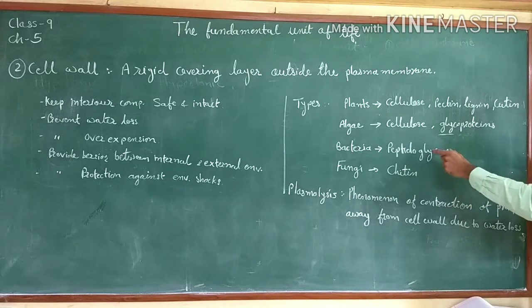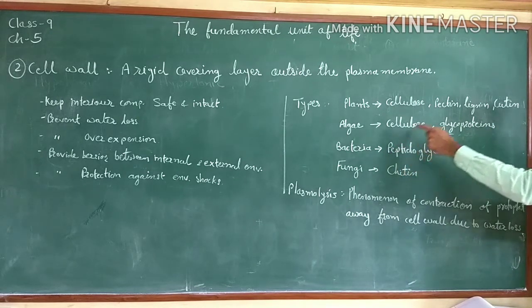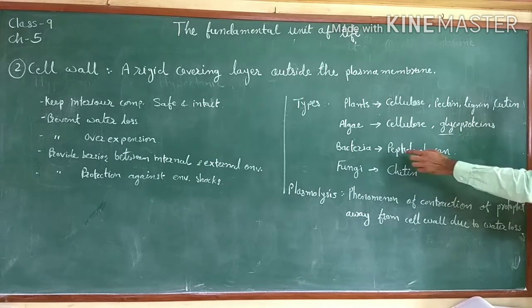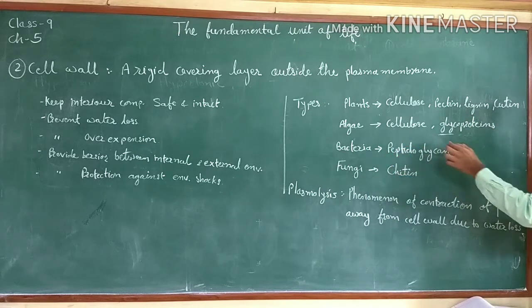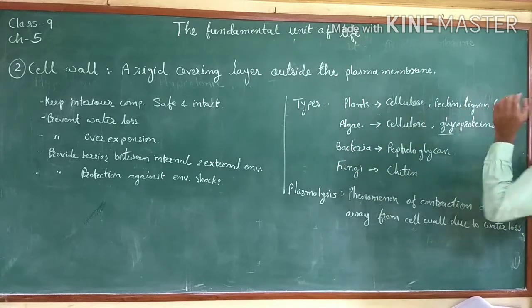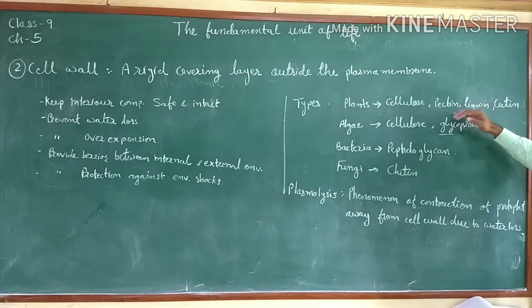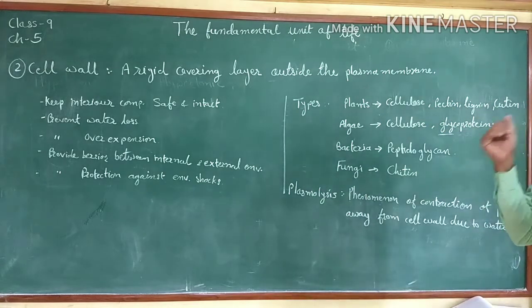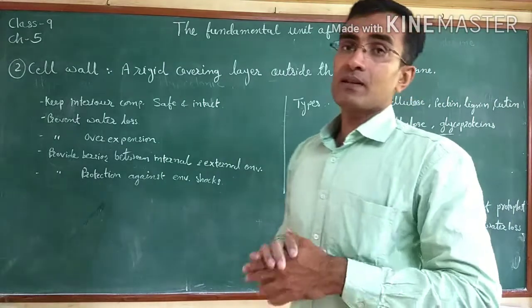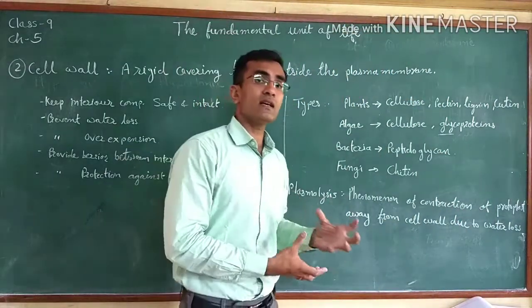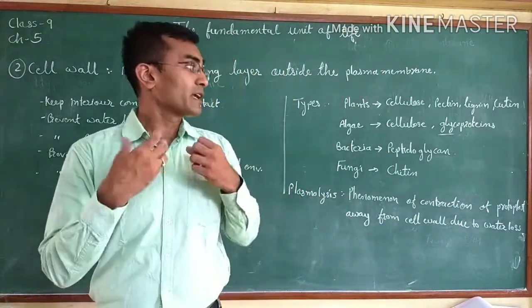The amino acids bound with the sugar moiety make peptidoglycan. So in bacteria the cell wall is made up of peptidoglycan, whereas in fungi it is made up of chitin. Cellulose, pectin, lignin, cutin, chitin, they are all polysaccharides. So depending on the organism, the cell wall is of different types.